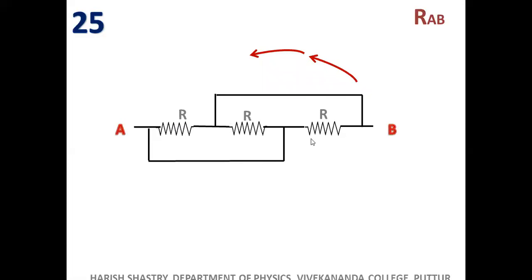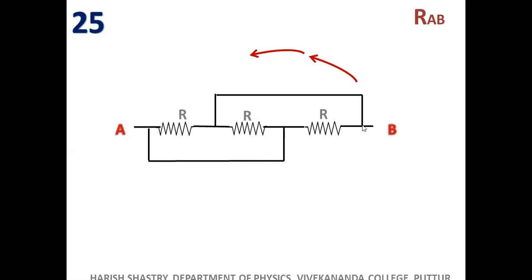They are not shorted. Short means the two terminals of the same resistor are connected by a common wire. Show me one point here where the two terminals of the same resistor are connected by a common wire. No. Whether any wire has connected two terminals of this resistor common.